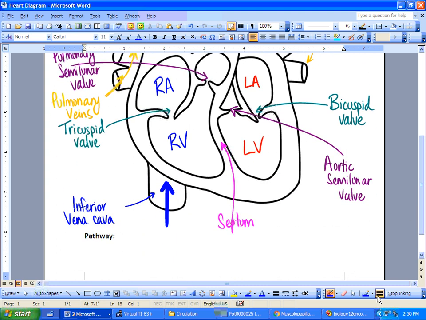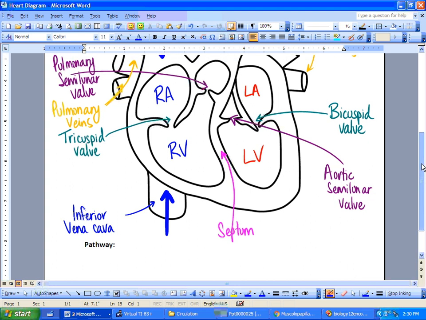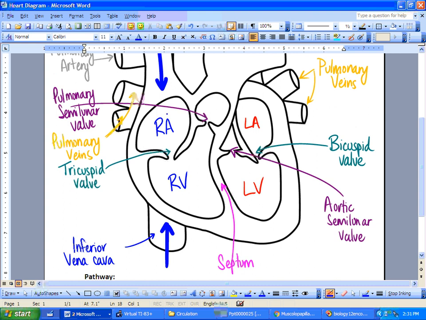So the pathway, well, let's do this along the way. So the pathway, we go vena cava. I'll just say that because it's like superior and inferior. The next stop along the way is that takes the blood into the right atrium.